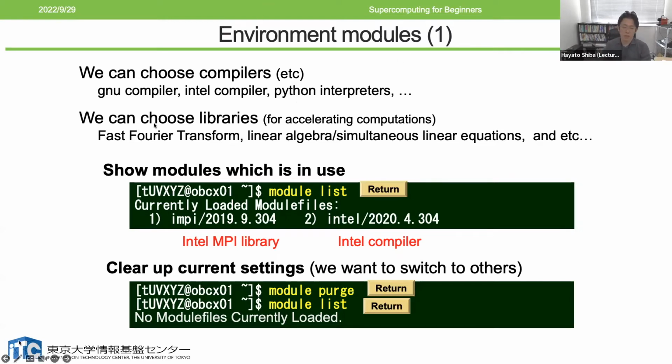Also, for now we do not need it, but we may want to choose additional libraries for accelerating computations, for example the fast Fourier transform library FFTW, or linear algebra packages like LAPACK, and others. Such compilers and libraries on the Oakbridge CX system can be chosen by using the so-called environment modules. This is the important thing to learn here: environment modules.